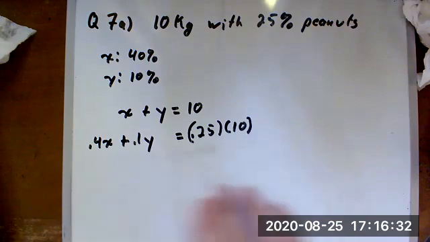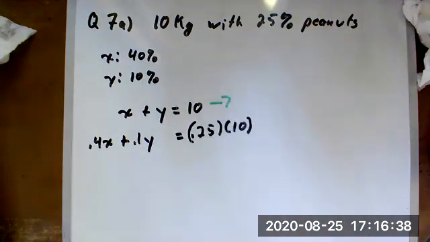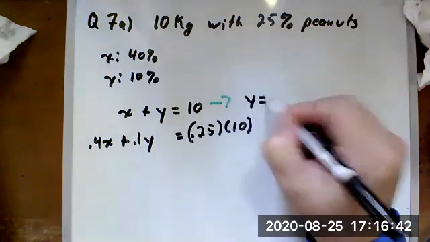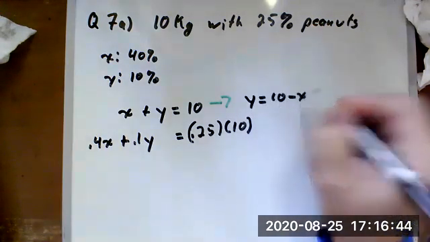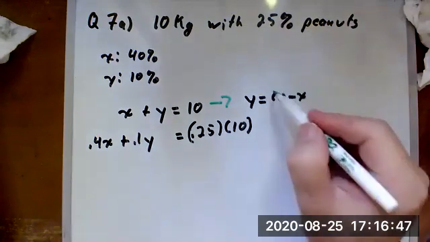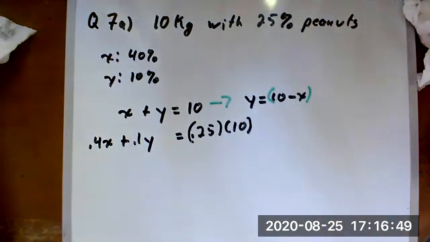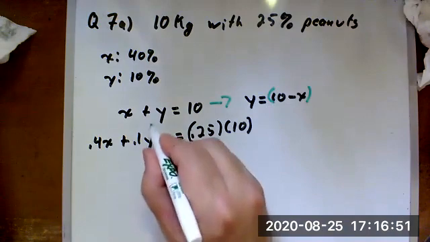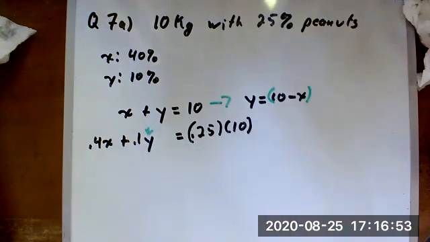Okay. Having set this up, we can now do a bunch of things all at once. This equation I'm immediately going to rewrite as y equals 10 minus x, so that I can use that as a substitution for y.